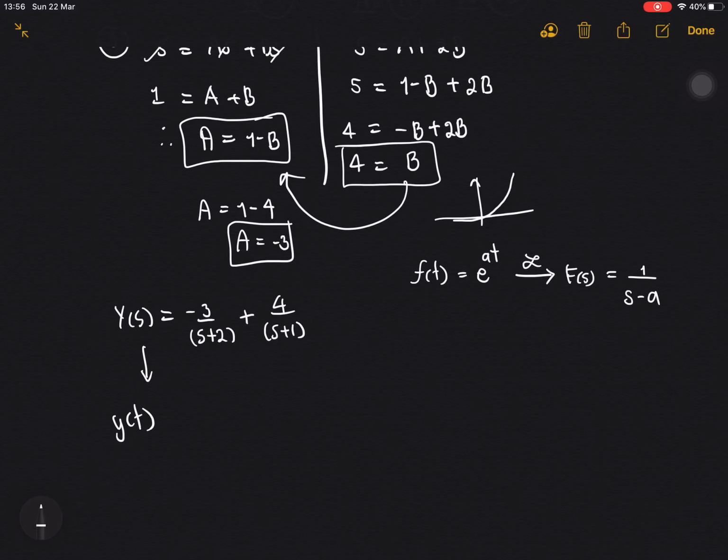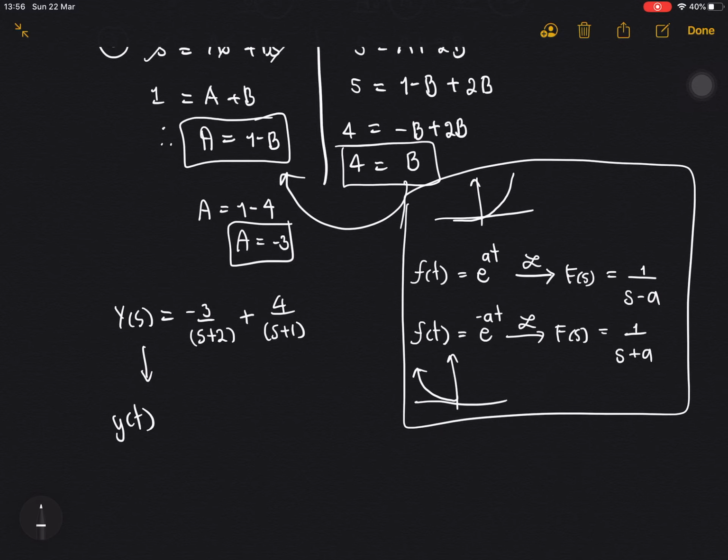So that's the curve. The other way around, if you have f(t) equivalent to e raised to the power of minus at, your F(s) will be equivalent to 1 divided by s plus a, because your graph here is going toward the left side of the graph.